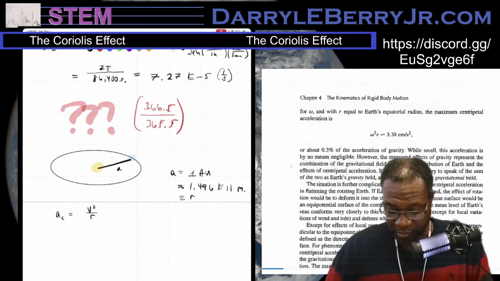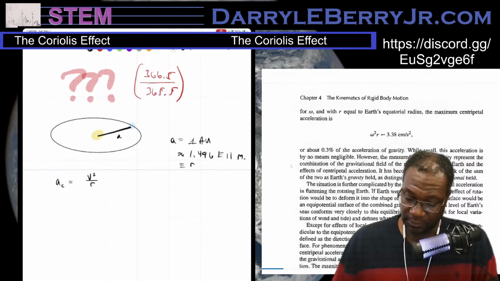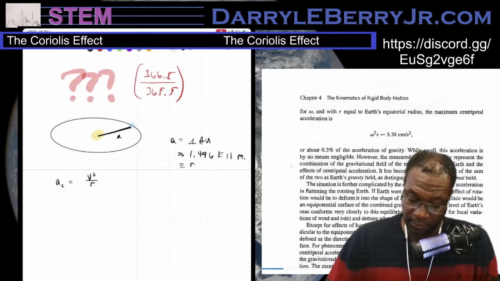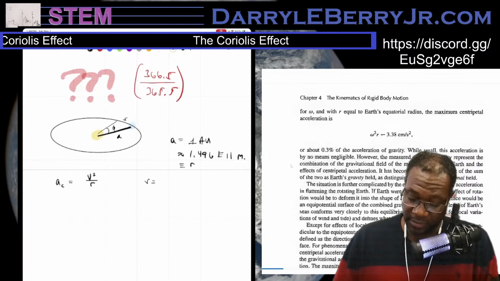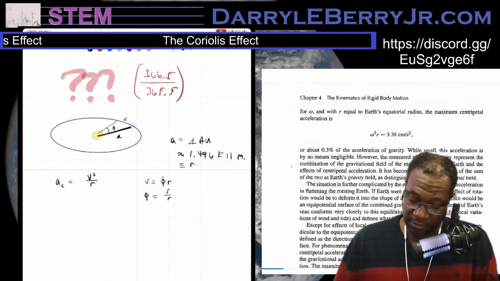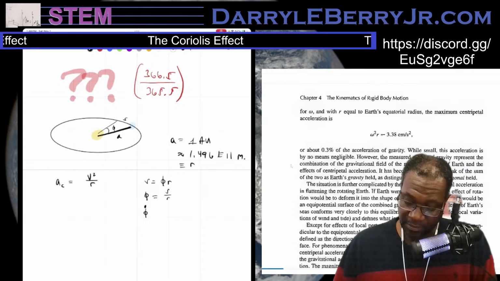I think they're using a conversion. If I have this angle phi, and this is S, so if S equals phi r, we have phi equals S over r, phi dot equals S dot over r.